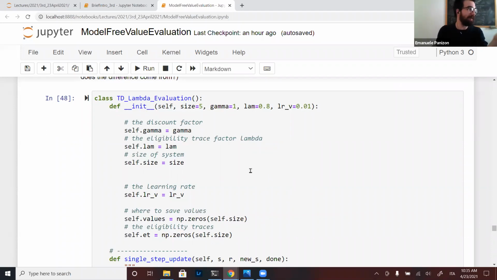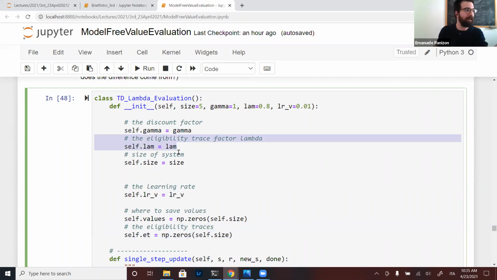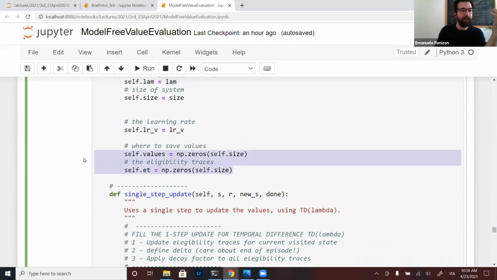What is the nice thing? As I said, the nice thing is look at the code. The only thing that's different from before is that I need an eligibility factor, decaying, a number, again, between 0 and 1. And I need to just store a new vector, which has the same size as the observation state.